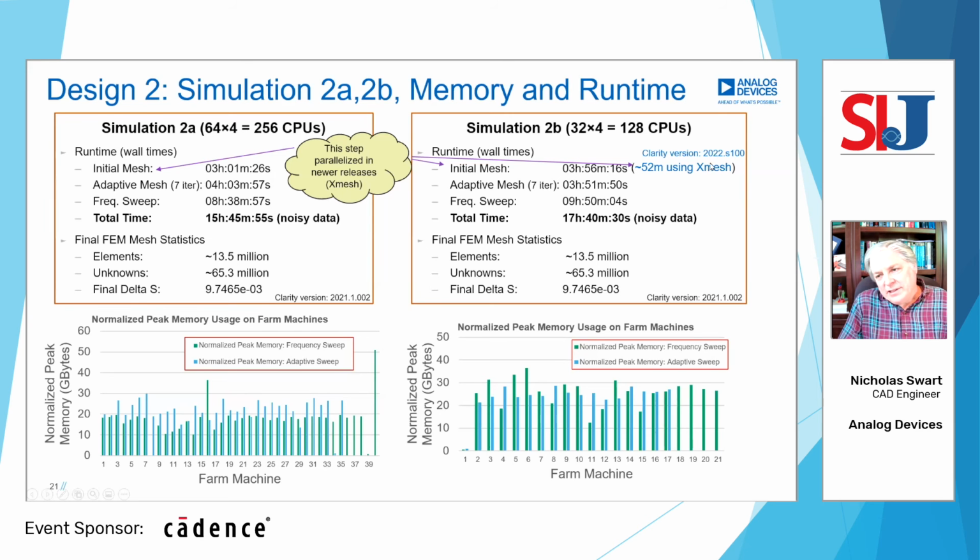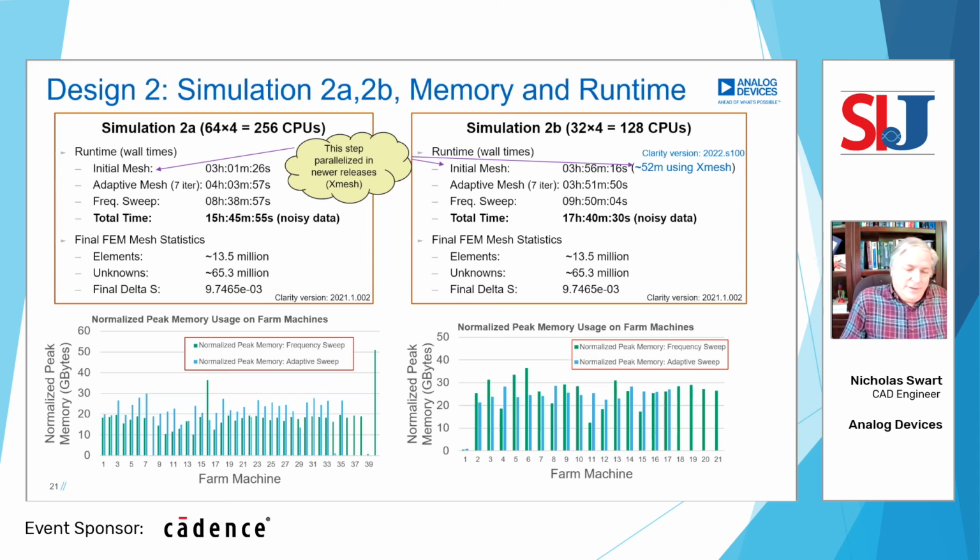And so using a new release of the 2022 version, this initial mesh took only 52 minutes for 128 CPUs. So that's very substantial. That's another 3 hours off the simulation time, so that brings this below 15 hours.